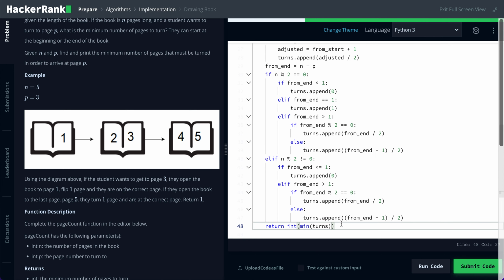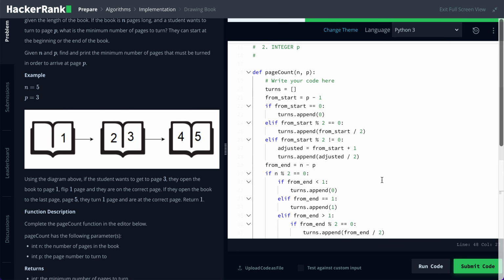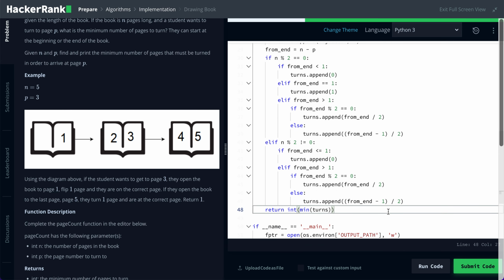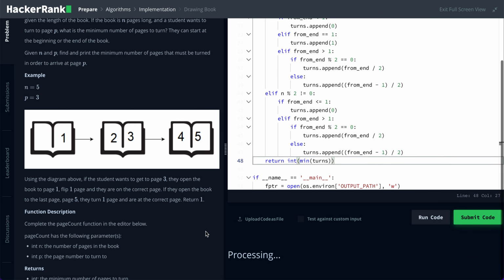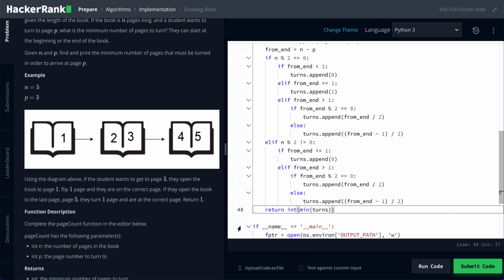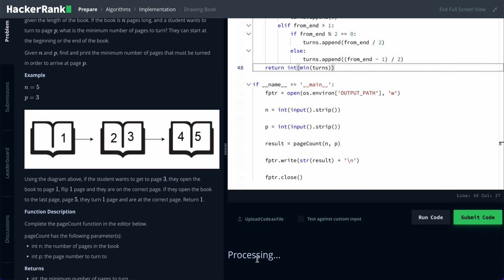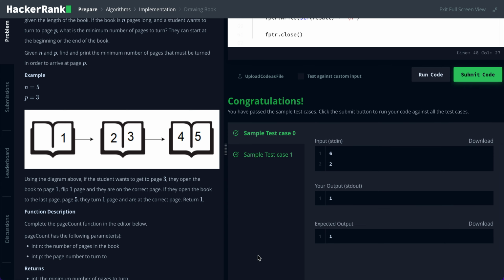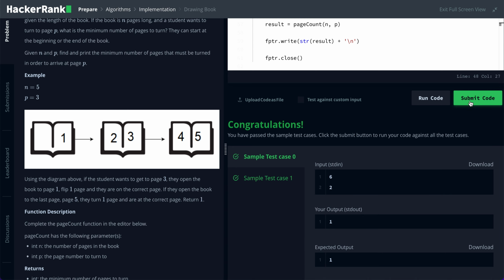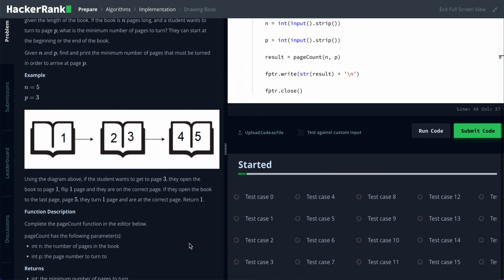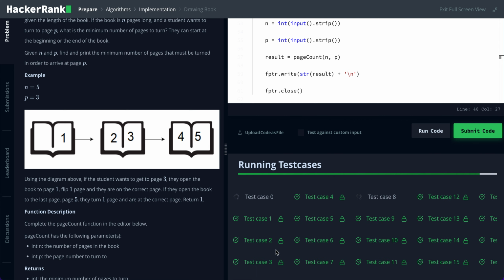All the formatting lines up, but I promise you this is identical to what we just wrote. So let's go ahead and run the code. Okay, so our two first examples check out. Let's submit the code, test it against all of Hackerrank's test cases.